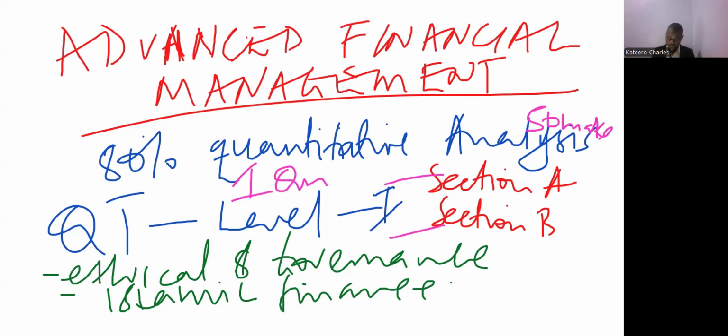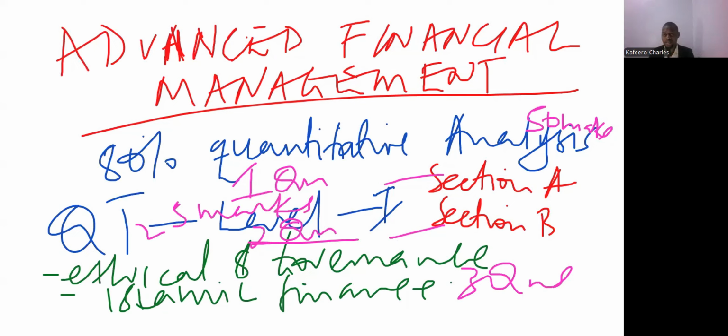Section B will have 3 questions, you select 2, and each is carrying 25 marks. So that's as per the sections that we have under the advanced financial management paper.